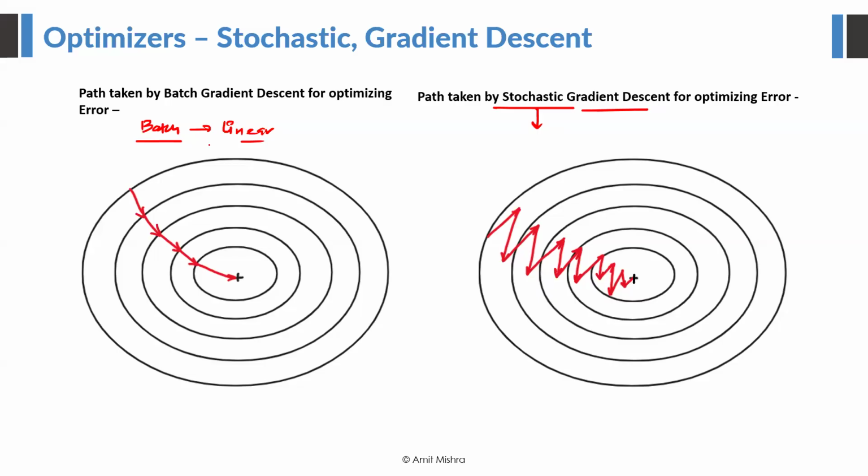So we have the batch that is of linear shape, and this is non-linear. Non-linear error curve, and hence it uses stochastic, meaning it will calculate error for individual samples. So that's why you will see that it goes on a zigzag path instead of a slope.